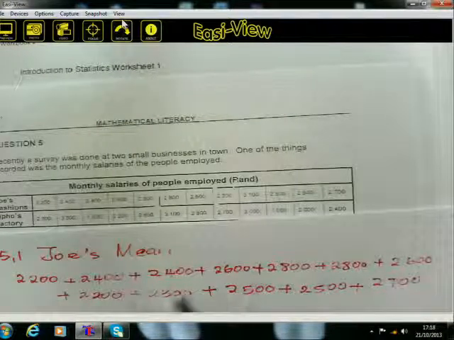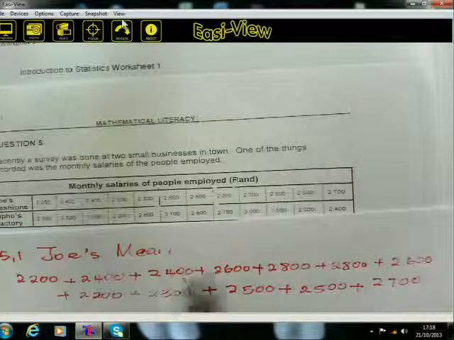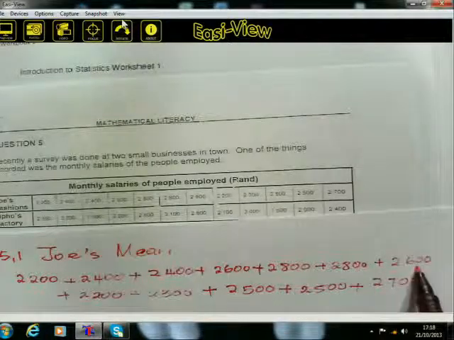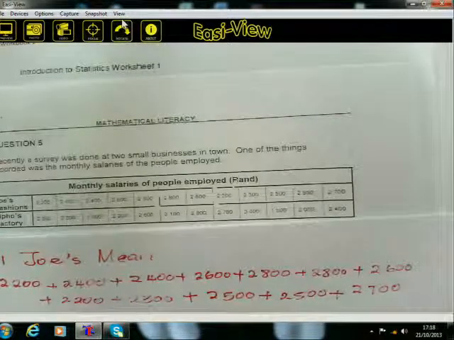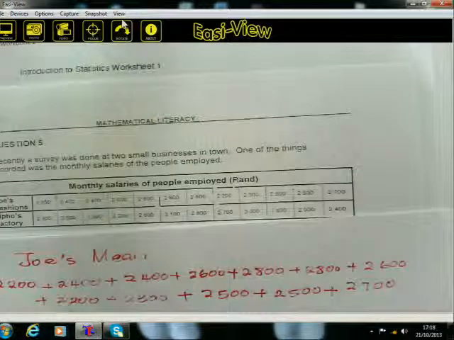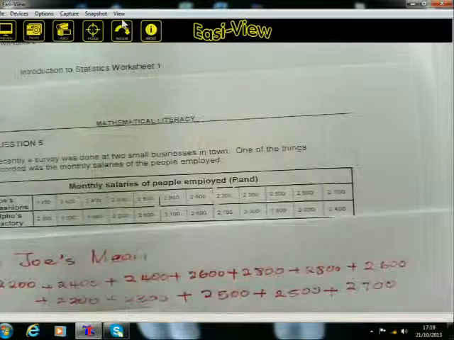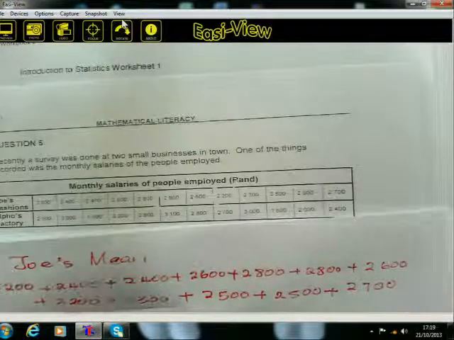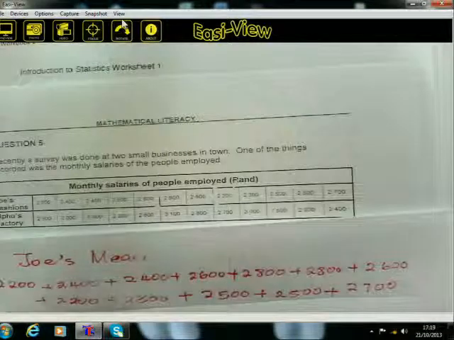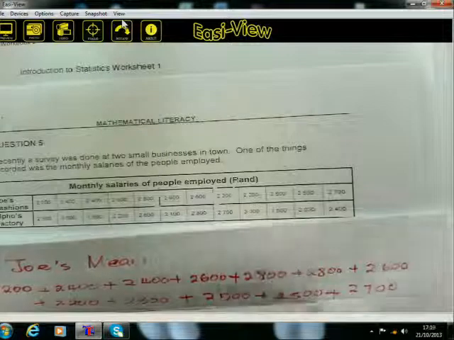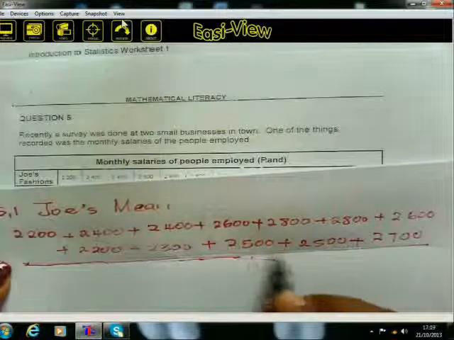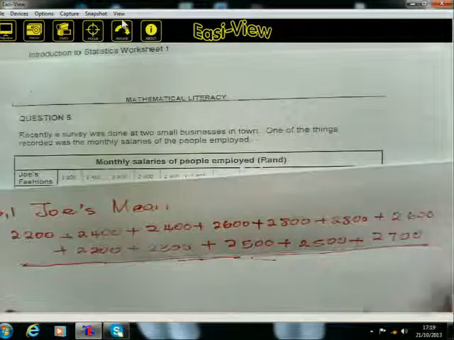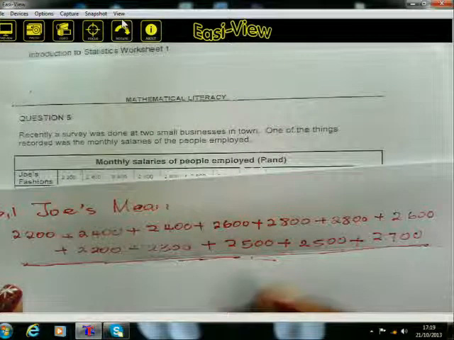1, 2, 3, 4, 5, 6, 7, 8, 9, 10, 11, 12. We have written all the values. Please underline all. You divide it by what?